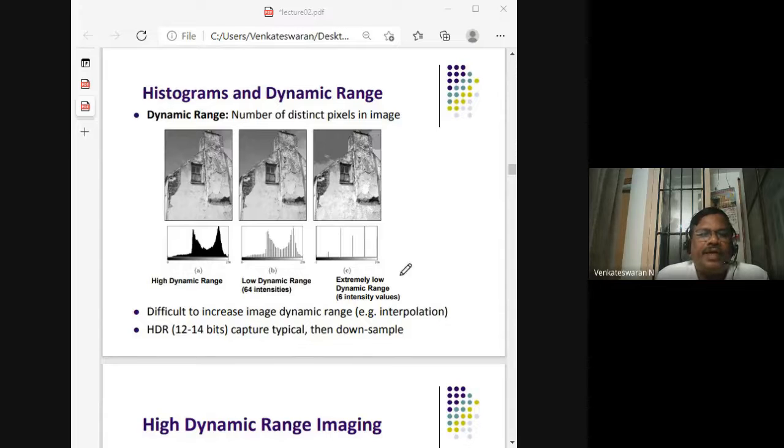Again, the dynamic range of an image: the pixel distribution will tell you the dynamic range, the number of distinct pixel values seen in the image. This is a high dynamic range, meaning that all pixel values are available. Here only some distinct pixels are there, only 5-6 intensity values present in the image.